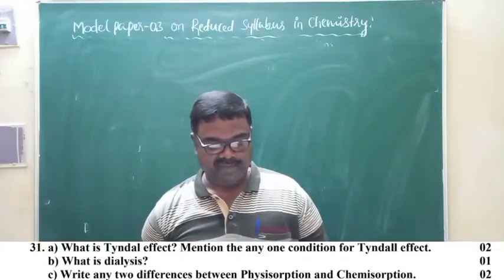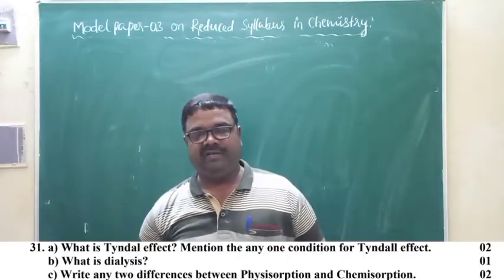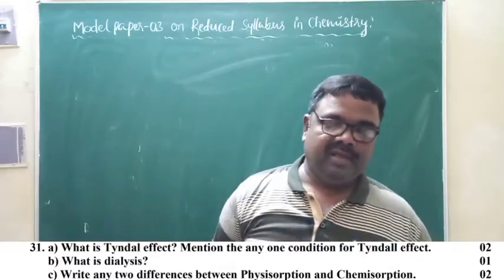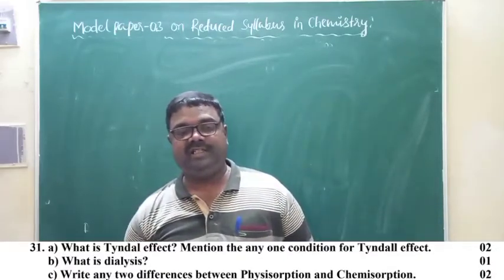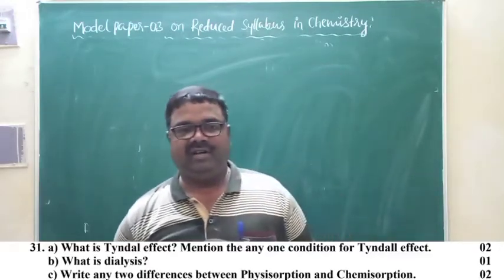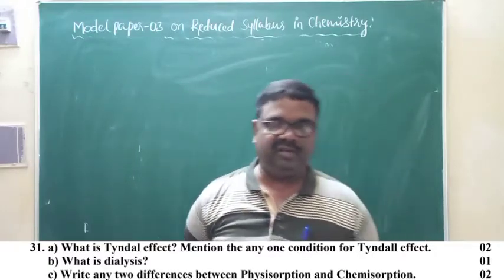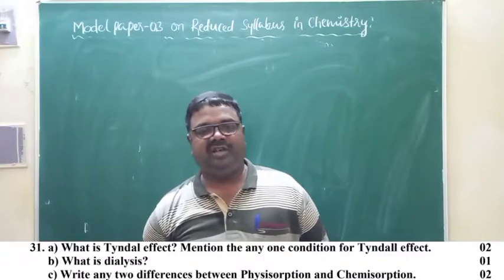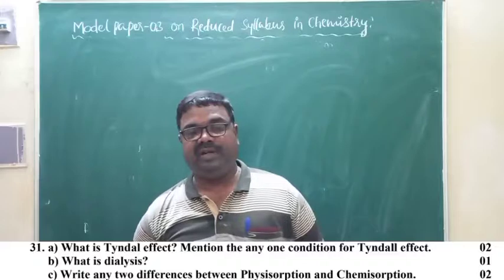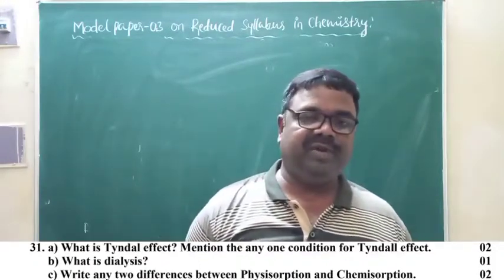Physical adsorption involves multimolecular layer formation, whereas chemical adsorption involves unimolecular layer formation. Physical adsorption is not specific in nature, whereas chemical adsorption is highly specific. Physical adsorption does not require high activation energy, whereas chemical adsorption requires high activation energy because it involves chemical reaction between adsorbate and adsorbent.